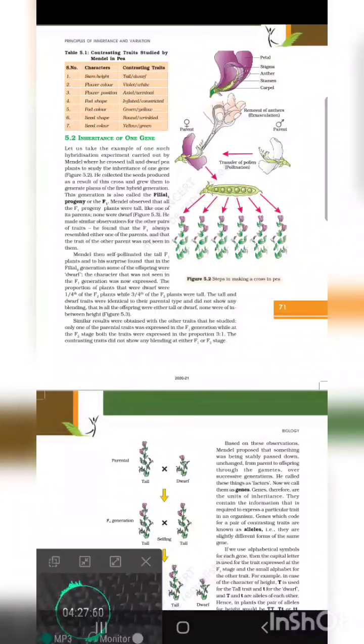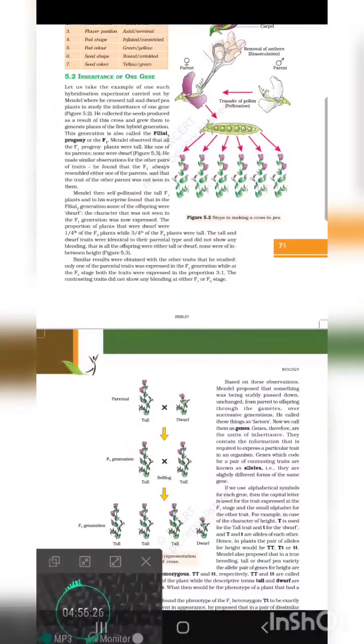Mendel observed that all the F1 progeny plants were tall, like one of its parents. None were dwarf, as in figure 5.3. He made similar observations for the other pairs of traits. He found that the F1 always resembled either one of the parents, and the trait of the other parent was not seen in them.